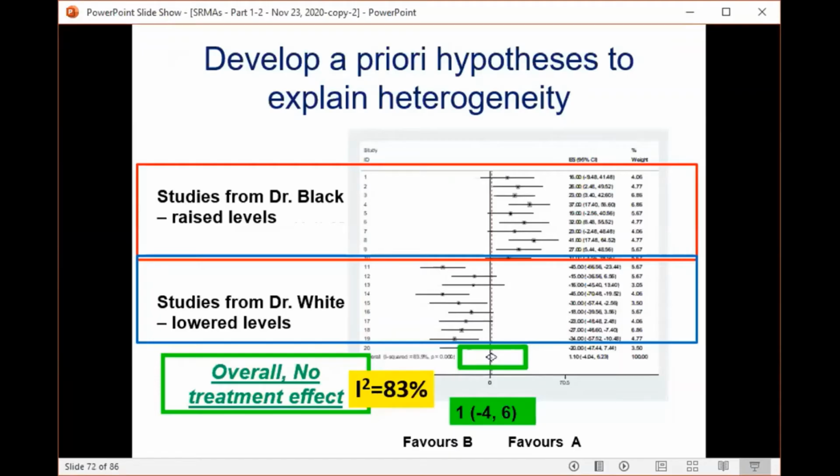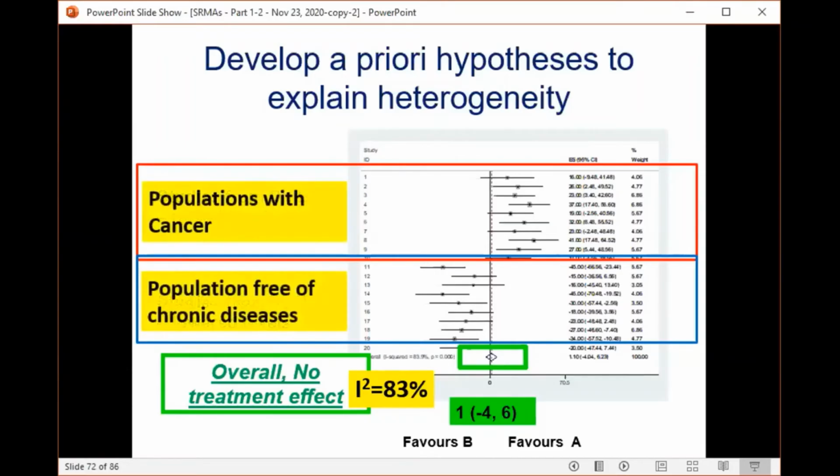Thinking back to one of the previous videos, we went over an example of Dr. Black and Dr. White. In the overall analysis, the I-squared is substantial at 83% and is significant. However, let's say we did an a priori subgroup analysis by population type and saw that the first set of studies were all conducted in participants that had cancer.